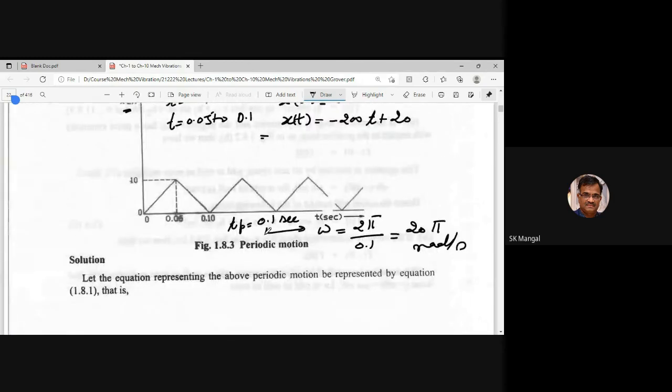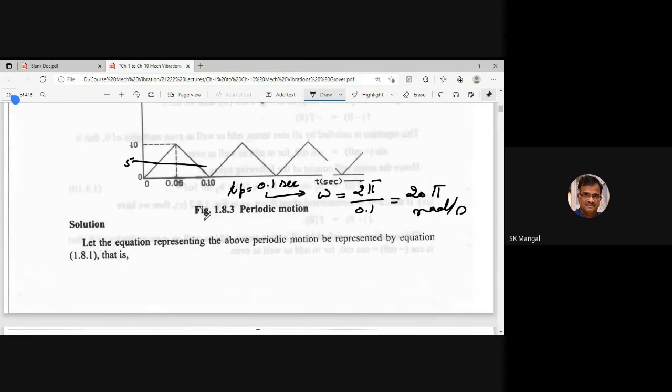You integrate this separately, and you will be getting a naught is equal to 5. And if you see here, this is the average height of the periodic function. This is your 5. You can again find this as the area of the triangle divided by time period. It will come out to be 5 here. It is the average height of the periodic motion.